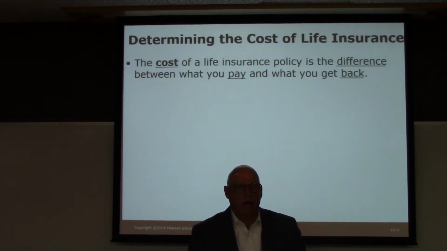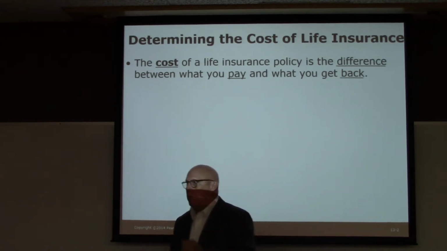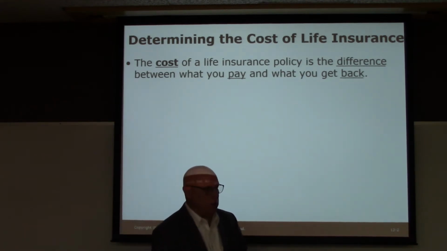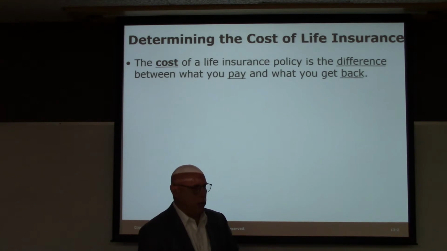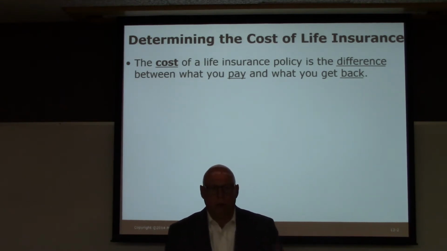What you get back from the insurance company depends on the nature of the contract, the type of policy that you might be buying. So if you buy a non-participating term policy, the only thing you will ever get back from the insurance company is the death benefit that your beneficiary will get when you die.